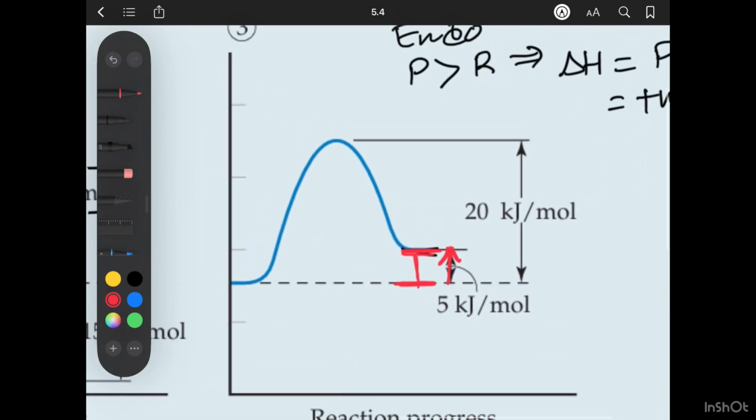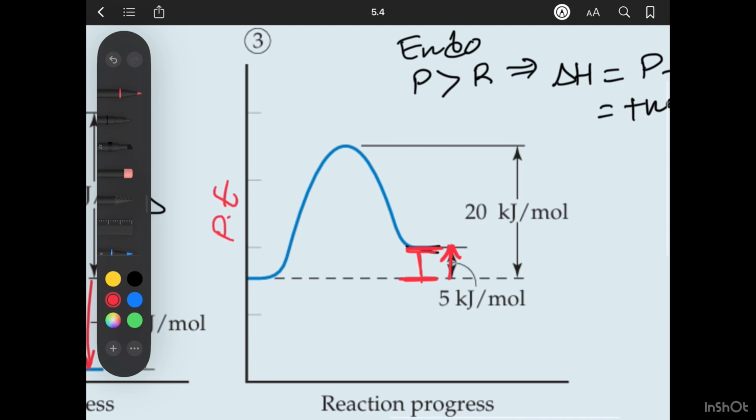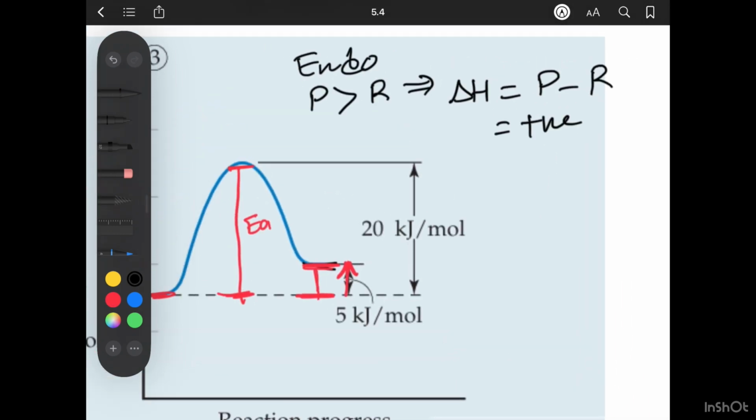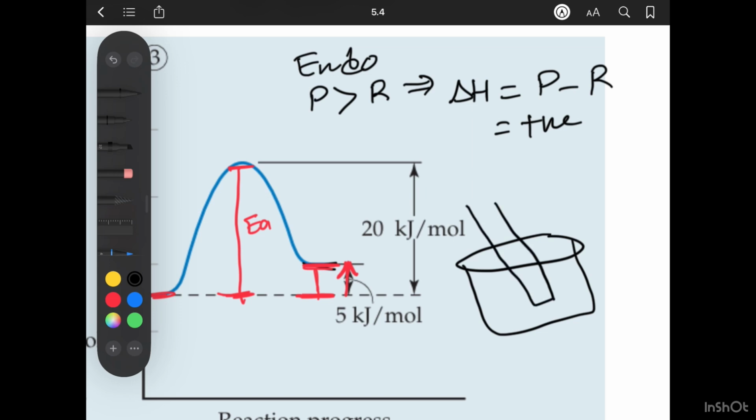Sometimes it's mentioned. The same thing here: we have potential energy on the y-axis and reaction progress on the x-axis. This is the activation energy, which goes from the reactants to the activated complex, labeled EA here. One more thing: if we have a reaction in the science lab and we insert a thermometer, and this reaction is endothermic, the temperature reading will decrease because the energy transfers from the surroundings to the system.